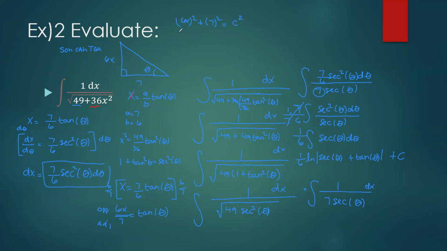So 6x squared is 36x squared, plus 7 squared is 49, equals c squared. And then you solve for c by taking the square root of both sides. So c is the square root of 36x squared plus 49.